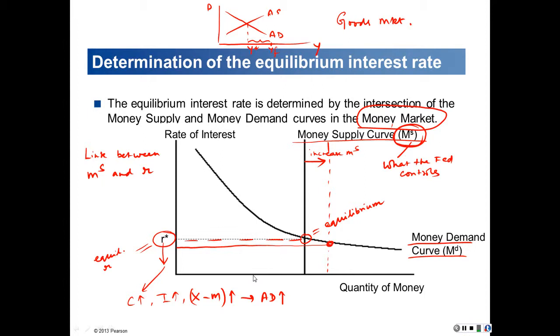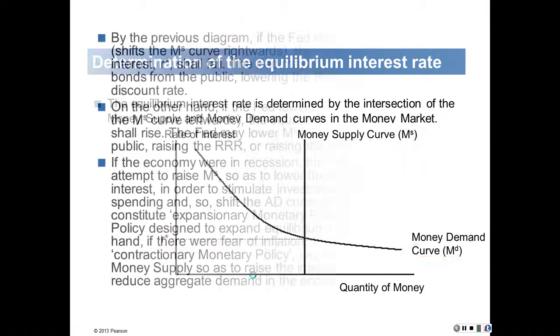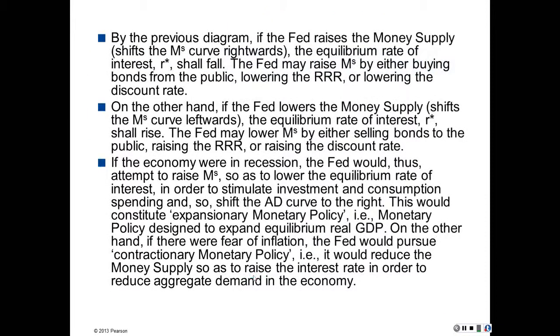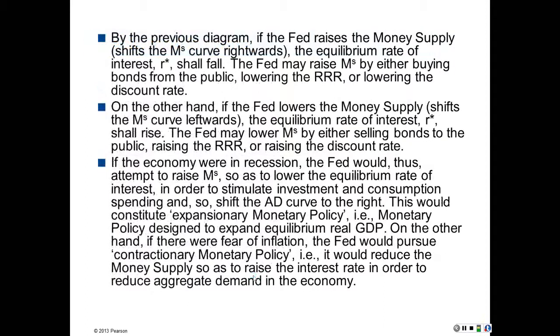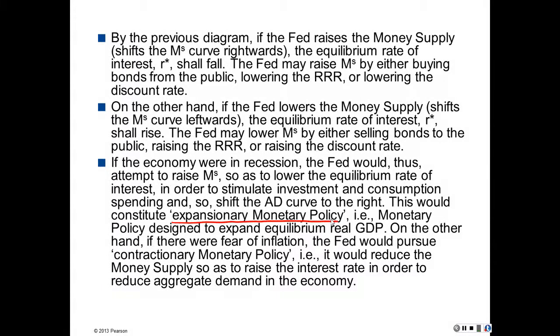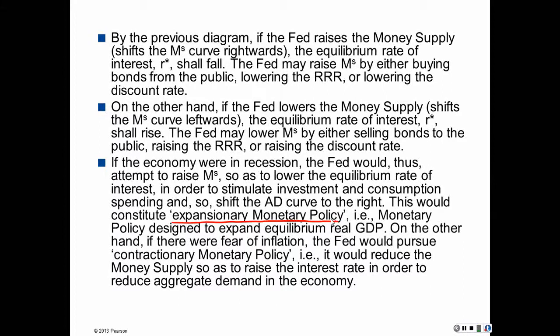So let's now get behind this diagram, okay? That's been discussed here. So we have two kinds of monetary policy. We have expansionary monetary policy. And expansionary monetary policy would involve what happening to the money supply?